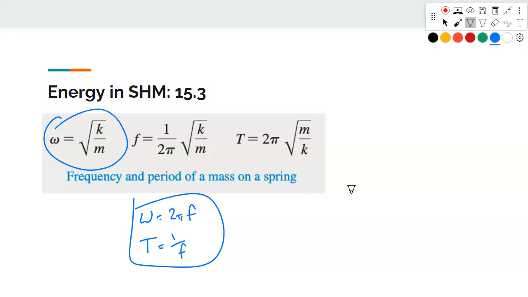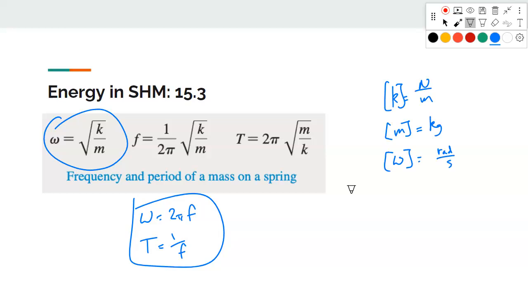And you just have to plug in the mass and the spring constant. Just be careful about the units, right? The spring constant has units of newtons per meter, and the mass has units of kilograms. If you do that, then you'll get angular frequencies with units of radians per second. So just use the standard SI units, basically.